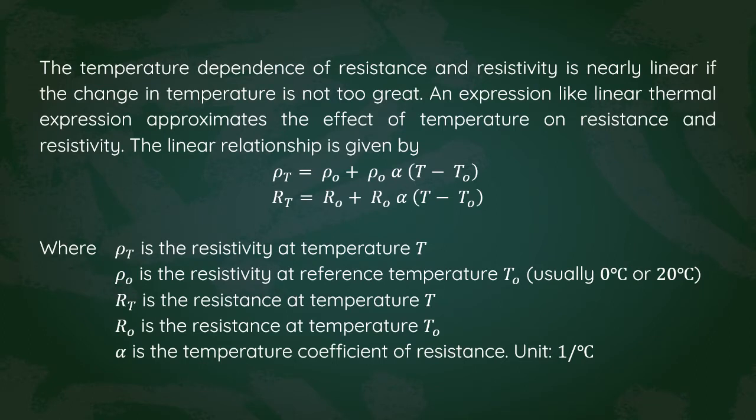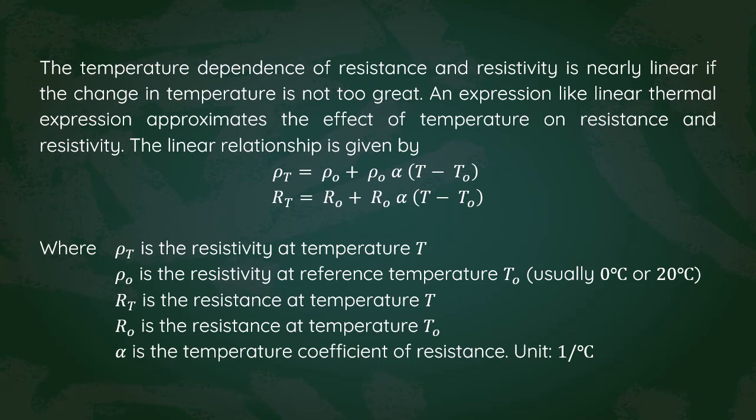So temperature dependence of resistance and resistivity is nearly linear if the change in temperature is not too great. So an expression like linear thermal expansion approximates the effect of the temperature on resistance and resistivity. Again, temperature is a factor that affects both resistance and resistivity.